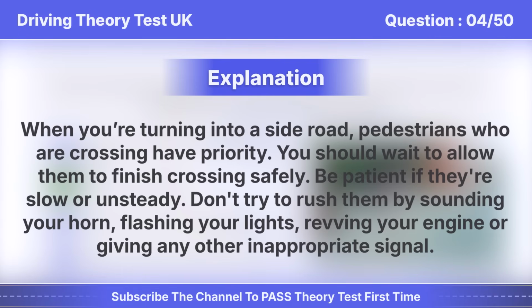When you're turning into a side road, pedestrians who are crossing have priority. You should wait to allow them to finish crossing safely. Be patient if they're slow or unsteady. Don't try to rush them by sounding your horn, flashing your lights, revving your engine, or giving any other inappropriate signal.